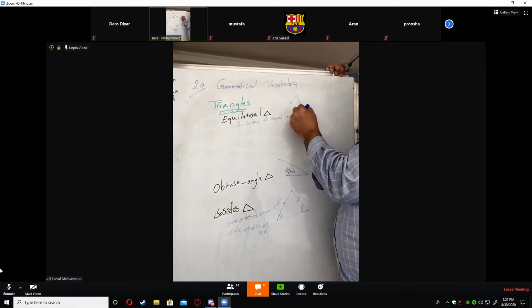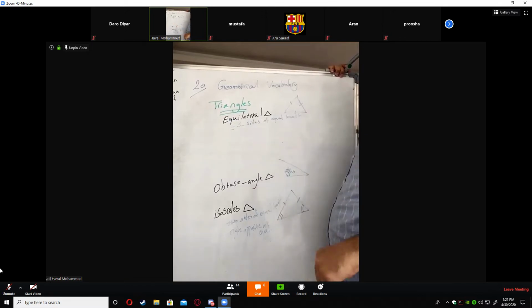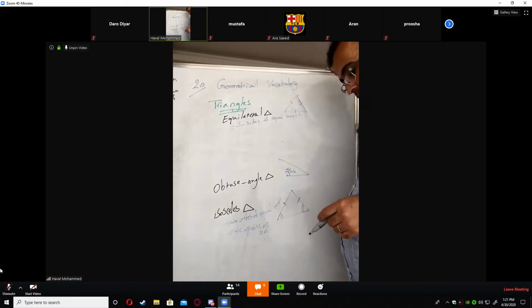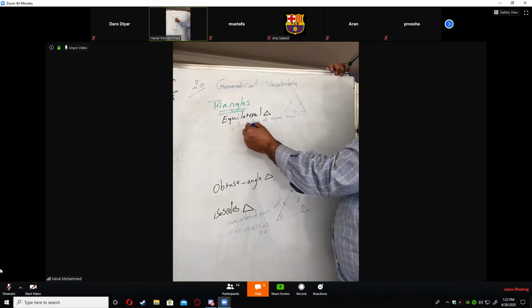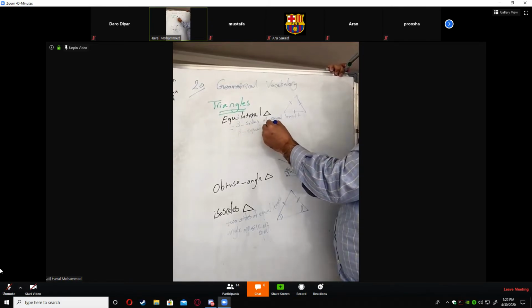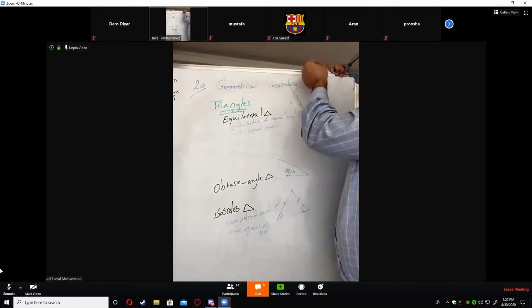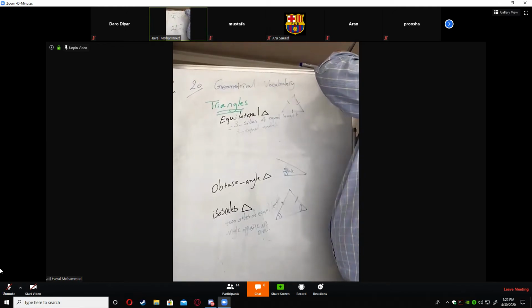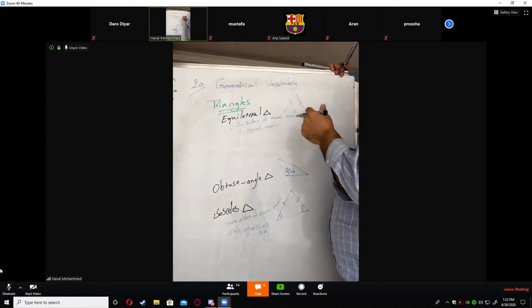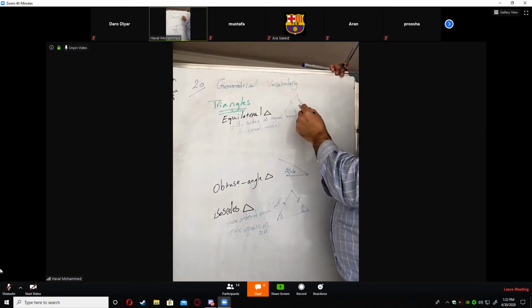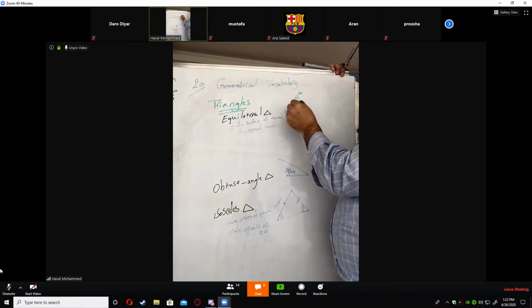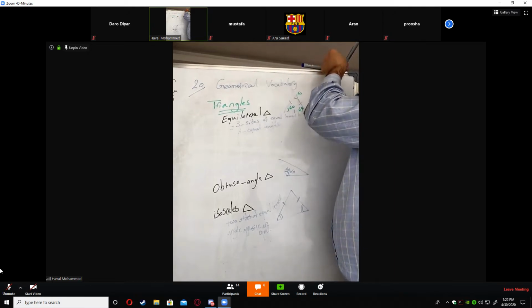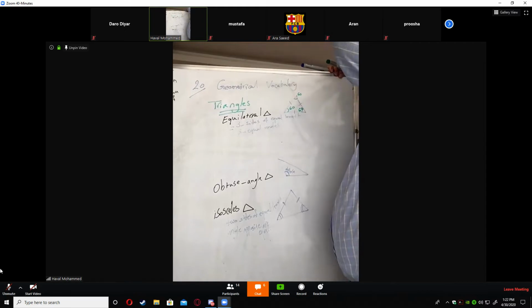That's the first property. And the second one, not only that, all angles are equal and they are 60 degrees. 3 equal angles, each making 60 degrees. Remember, when you add the interior angles of a triangle, they add up to 180. Then this is 60, 60, 60. That's a property of the equilateral triangle.